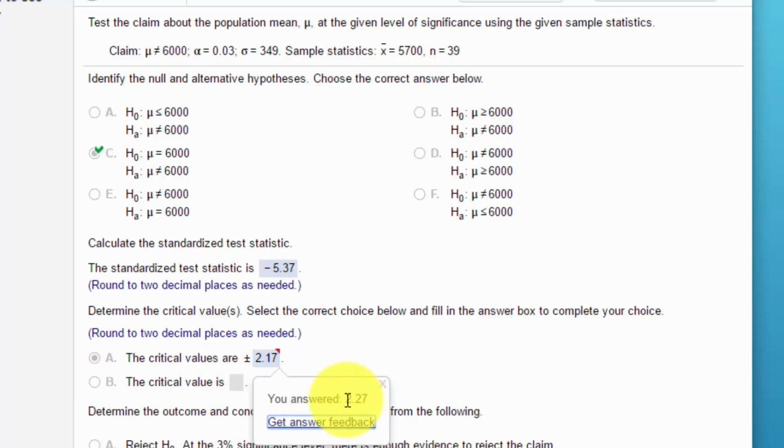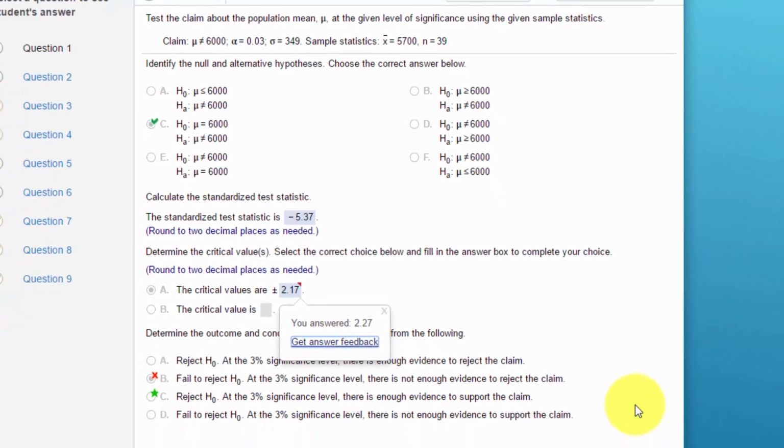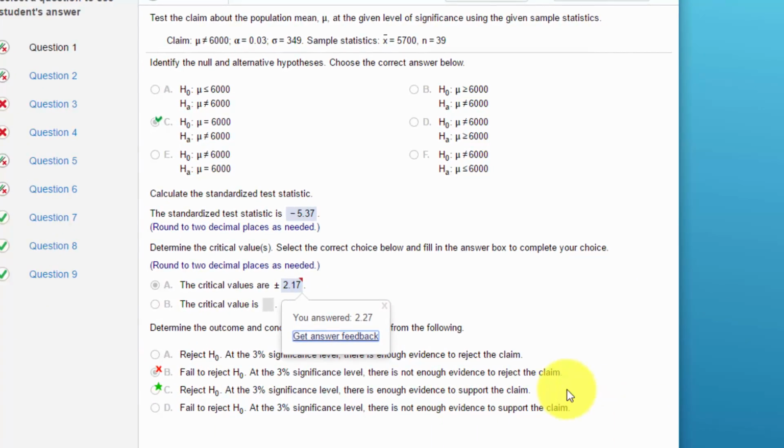The reason I'm thinking this person just was thinking of a one-tail and a critical value of positive 2.27, which is on the far right end of the normal curve, the person selected fail to reject.